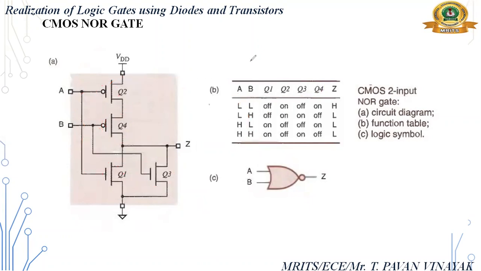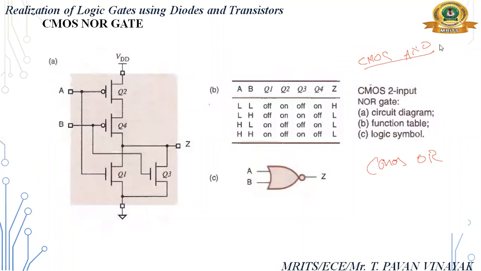Now try yourself CMOS AND and CMOS OR. How do we draw CMOS OR? First you have to implement CMOS NAND.